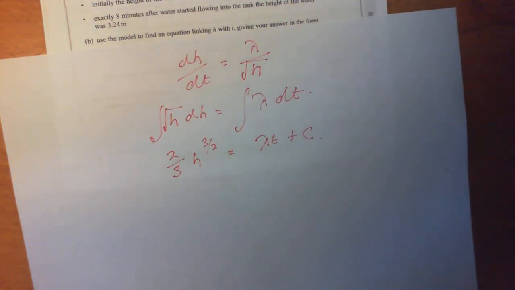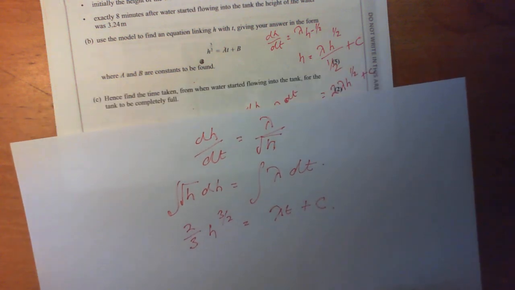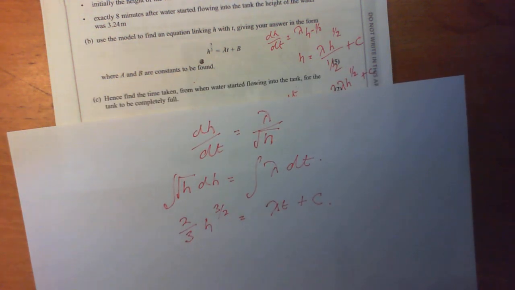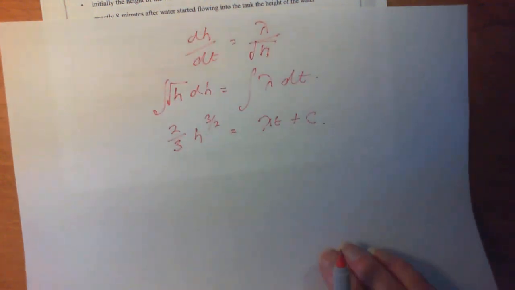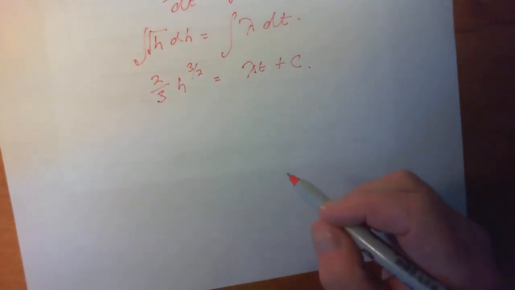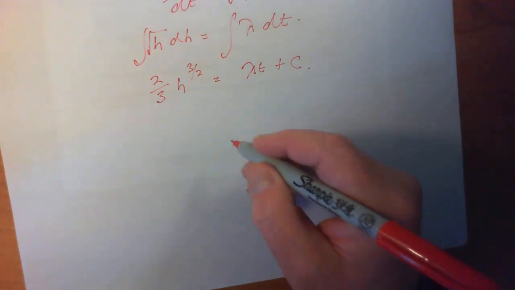And there's just a little bit on the end here. It says hence find the time taken from when the water started flowing into the tank for the tank to be completely full. Again, that's in terms of minutes.